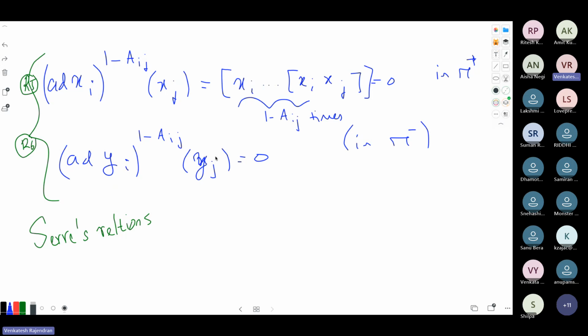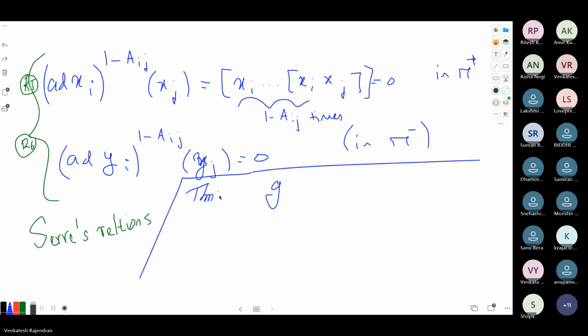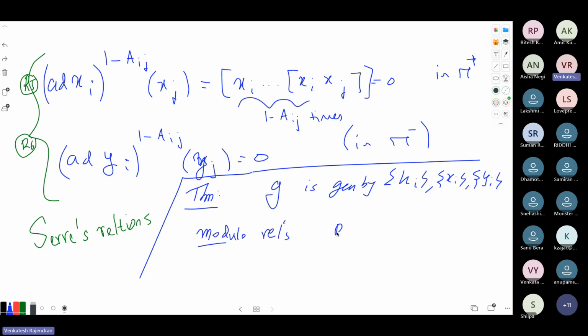So now the theorem says that g is generated by these 3l generators, hi, xi, yi, modulo the relations R1 to R6.